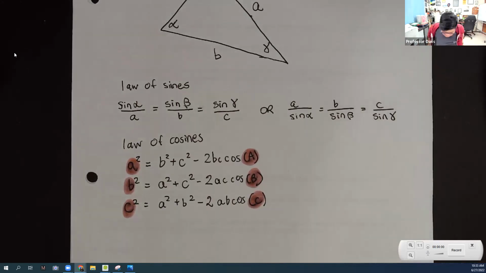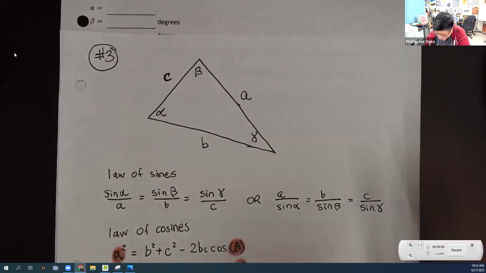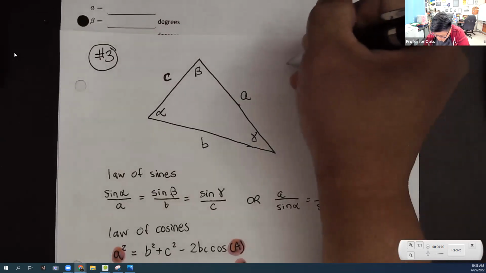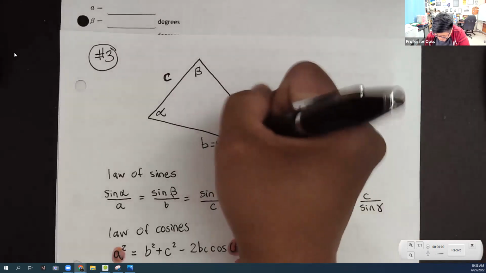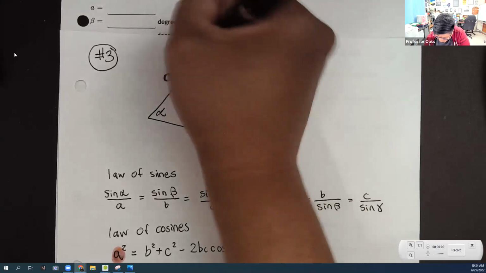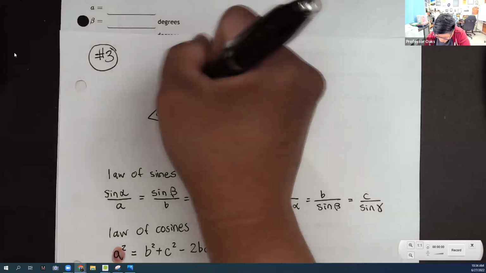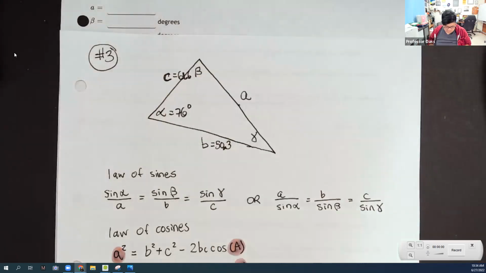Okay, then in number 3, we'll try to do one that says solve the triangle with B equal to 50.3, C equal to 61.6, and alpha is 76 degrees. So what do we know?